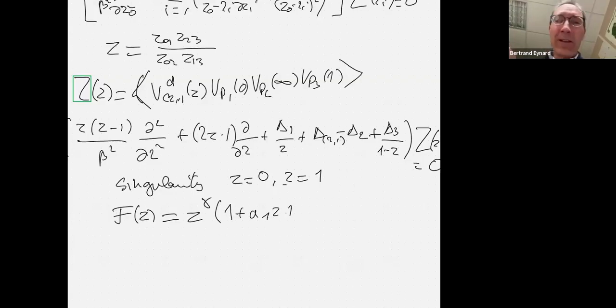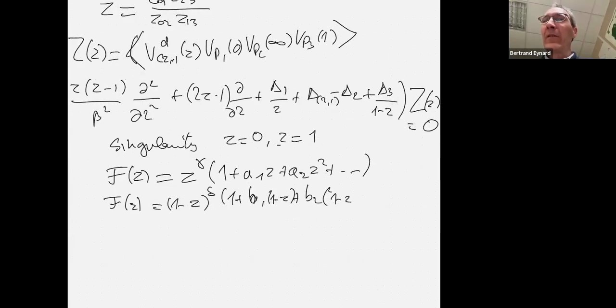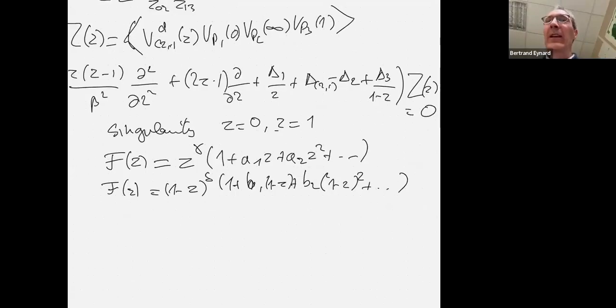But then we could have another ansatz based on the singularity at z equals 1, and that will be 1 minus z to the power delta, times 1 plus b1 (1 minus z) plus b2 (1 minus z) squared, etc. So if you just try a series, it won't work because you have to allow for some non-trivial characteristic exponent, gamma or delta. These are called characteristic exponents at the singularities.